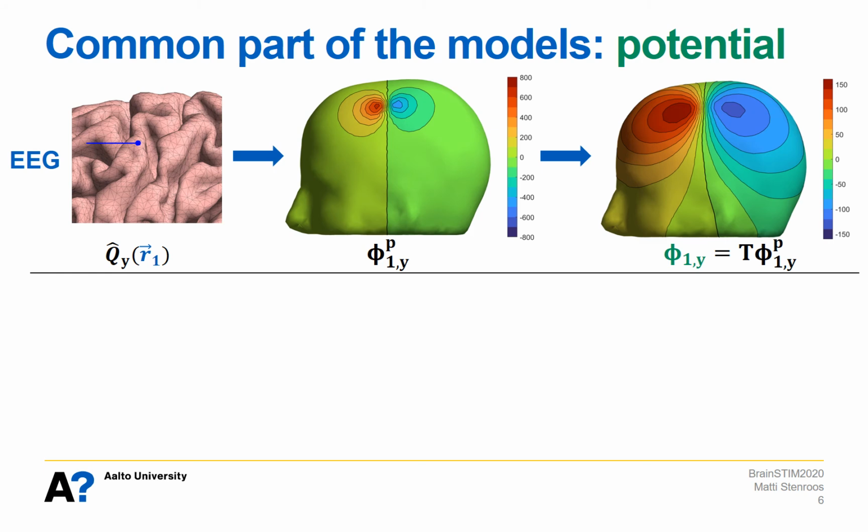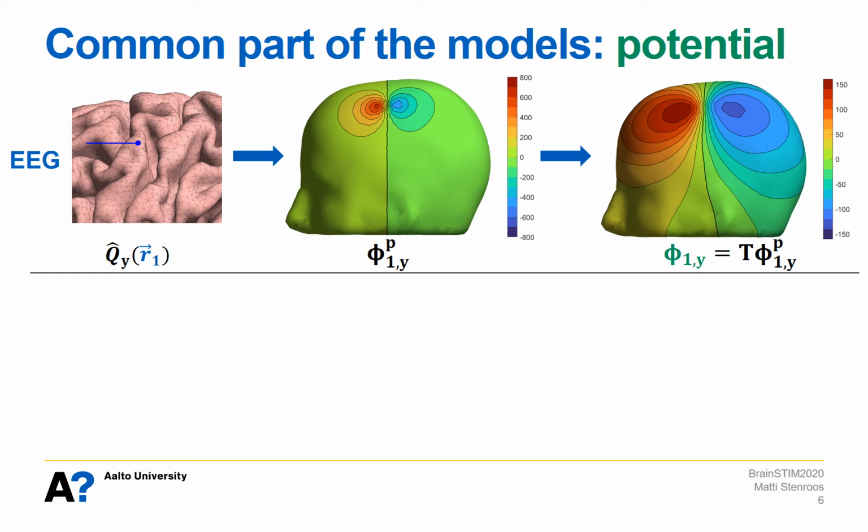In an EEG model, the idea is to compute signal topographies for elementary sources in cortex. These sources are represented using current dipoles. Here is a y-directed dipole in location R1, and the surface potential it would cause in an infinite homogeneous conductor. We'll call this the primary potential phi p.